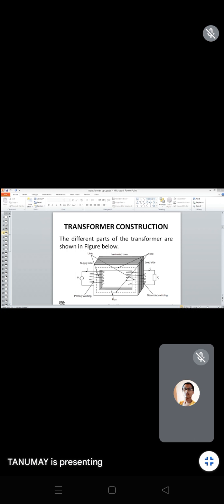Whenever this magnetic flux reaches from primary to secondary winding, it produces an EMF, called the secondary side EMF E2.